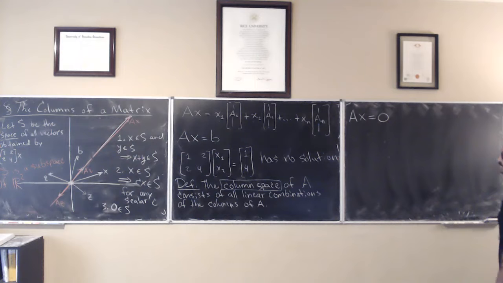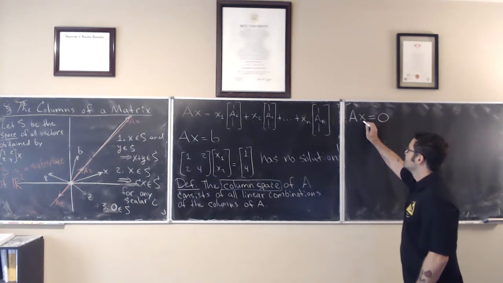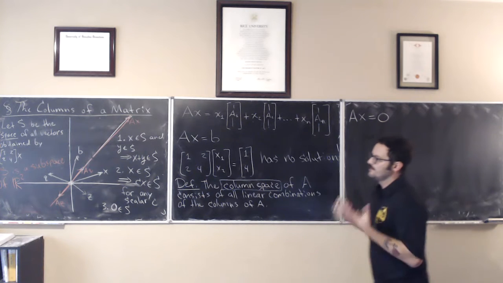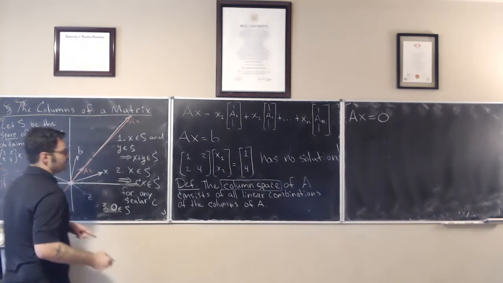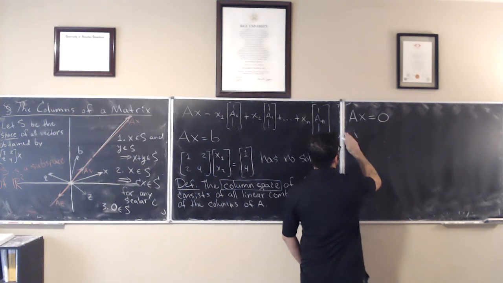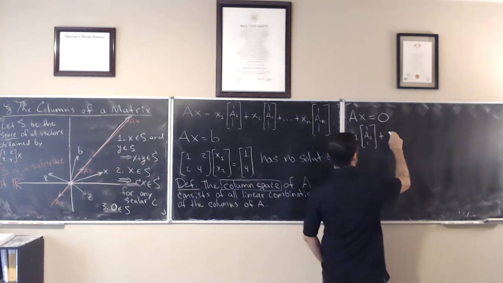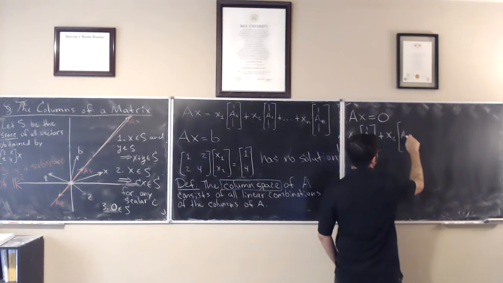So what if there are non-zero solutions to this? And what if you can add these columns together to land here? So this is like x1 times the first column plus, the usual notation here.